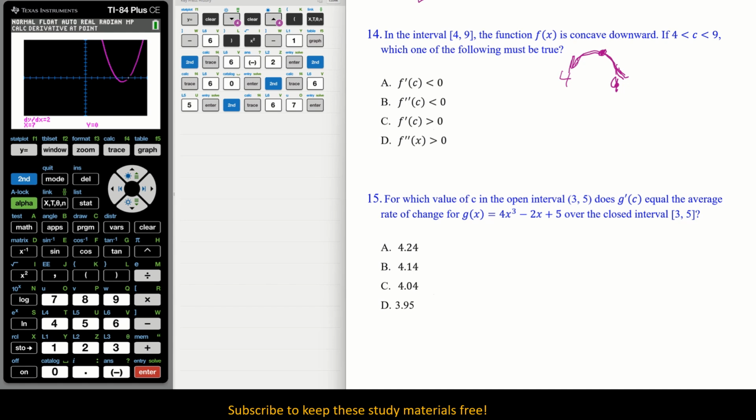And if the original function is concave down, then the second derivative will be a negative value. So now that I've said all that, it eliminates a bunch.